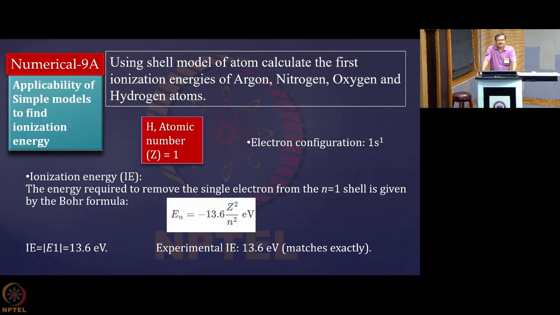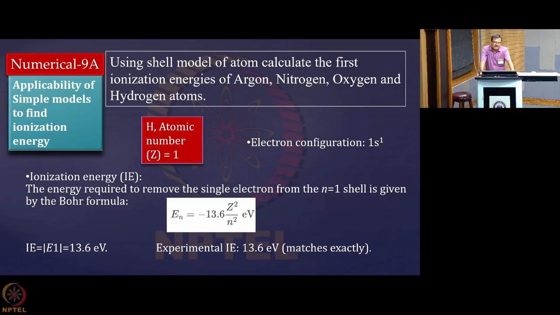This is the first tutorial, where using the shell model of the atom you calculate the first ionization energy of the hydrogen atom. Hydrogen has atomic number Z equal to 1, and the electronic configuration is 1s1.